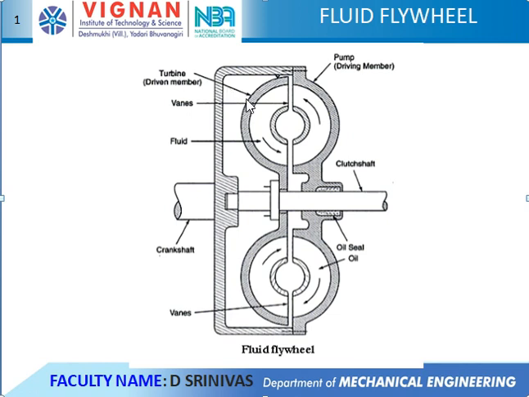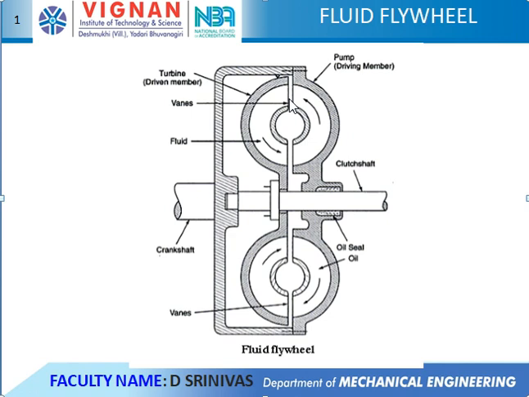The turbine consists of a number of impellers or blades or vanes in it, as we have seen in the centrifugal pump. It is similar to that, and of course even the fluid flywheel works on the principle of centrifugal force, where the fluid is thrown out away from the center of rotation.